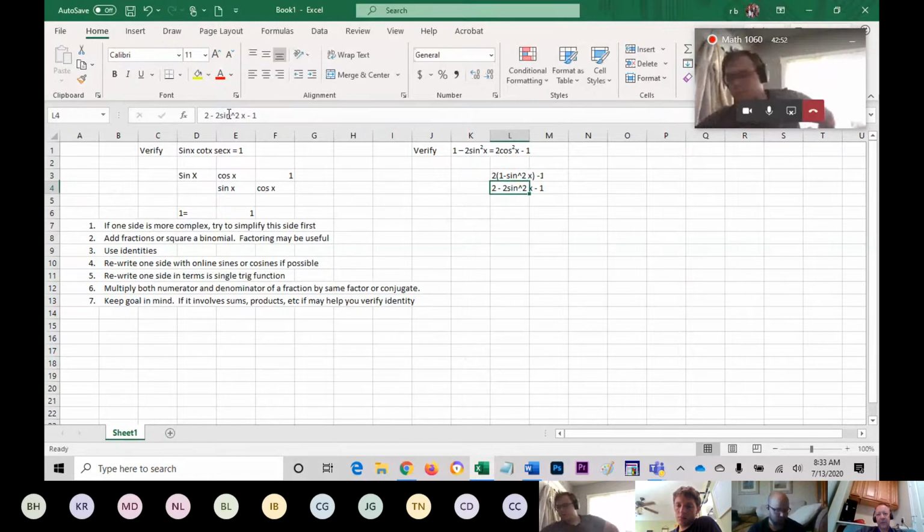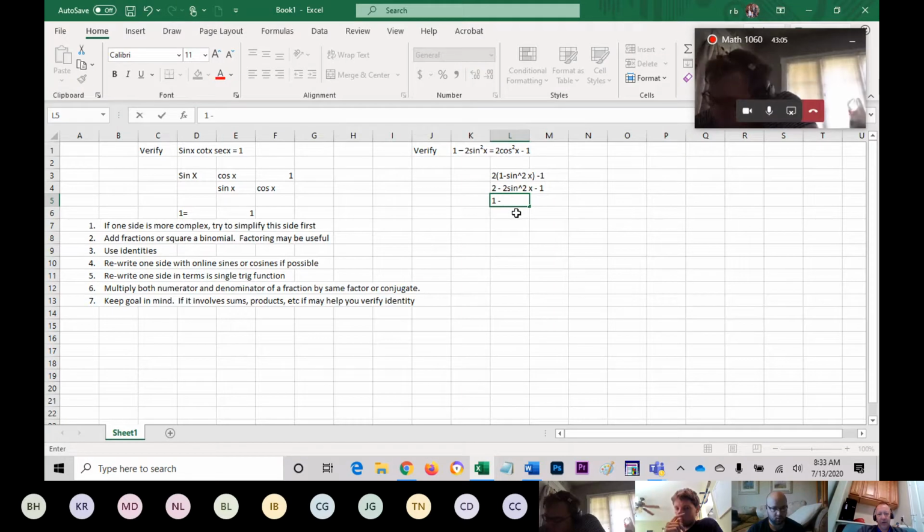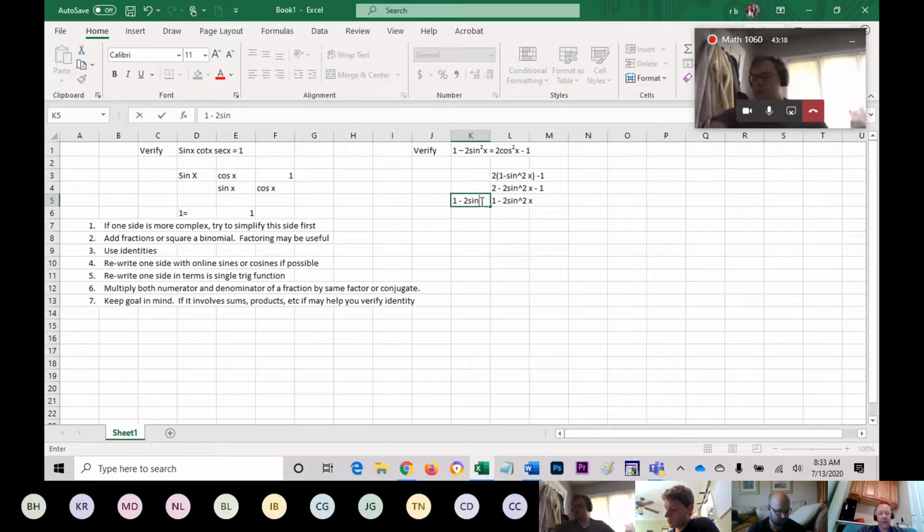Okay. Now, 2 minus 1 is just 1, right? So this now becomes 1 minus 2 sine squared of x. And that's what I have over here on the left side. 1 minus 2 sine squared of x equals.